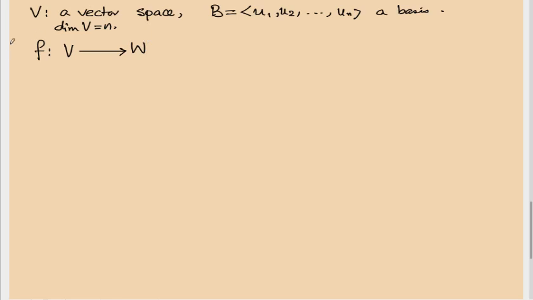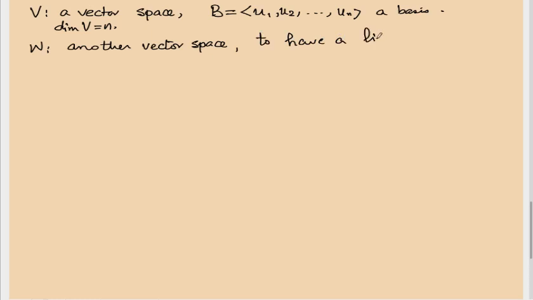So to construct a linear transformation, W is another vector space. I don't know, it could be finite dimensional, it may not be. I just look into the basis elements.